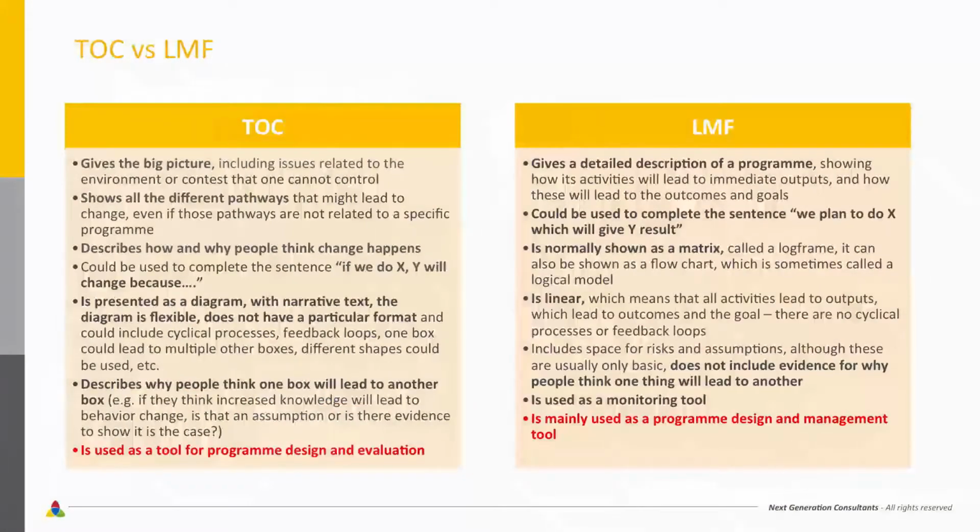So what is the difference again between a logic model framework and a theory of change? Again, a theory of change provides a bigger picture for you. It shows all the different pathways that you've considered, your theories of how to facilitate that change. It describes how you think the change will happen.